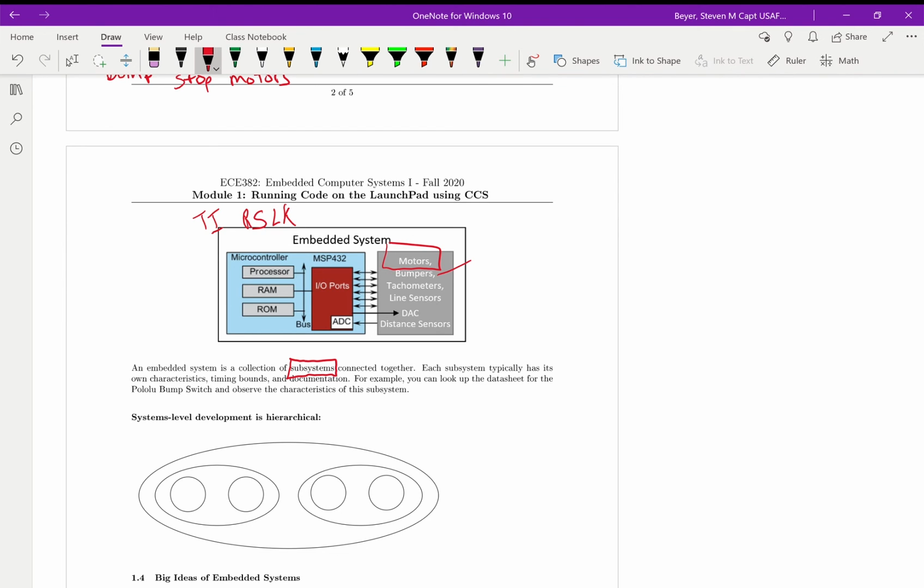When we design our motors, those have to operate at a certain rate so that we can go certain speeds. That's going to be 100% different than maybe the bumpers, which are going to have to react much faster than potentially the motors. And there's a number of data sheets we'll look at throughout this course. For example, the bump switch will have its own data sheet, with its own characteristics, like how fast it responds, and so on.